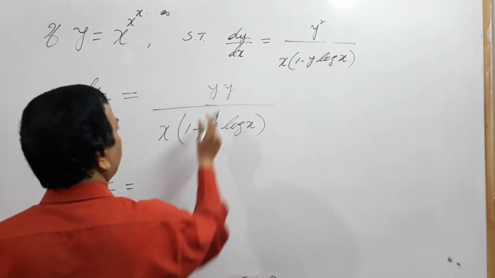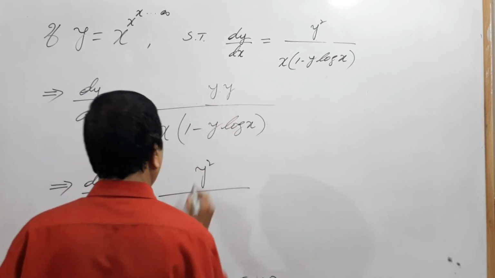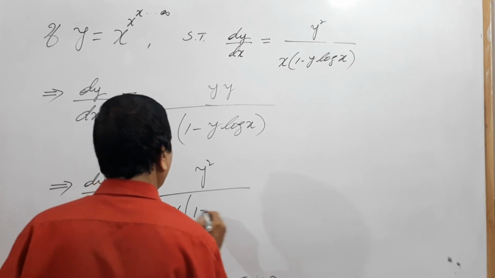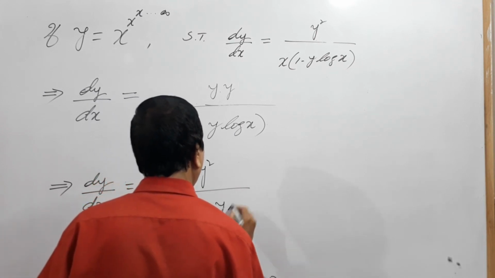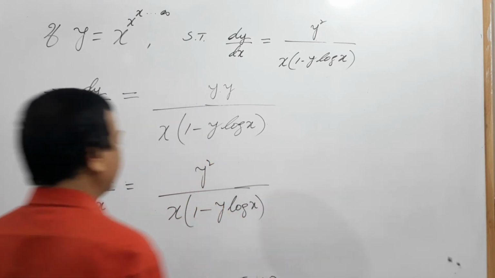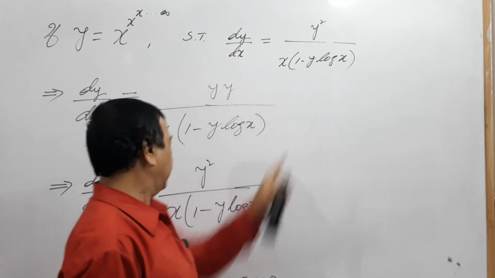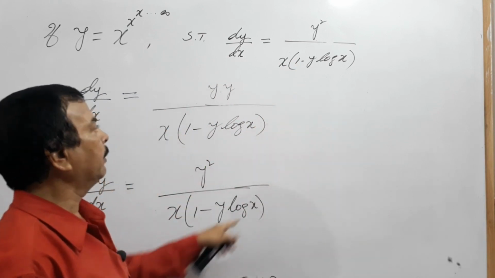This y into y is y square, x into 1 minus y log x. So dy by dx equals y square by x into 1 minus y log x.